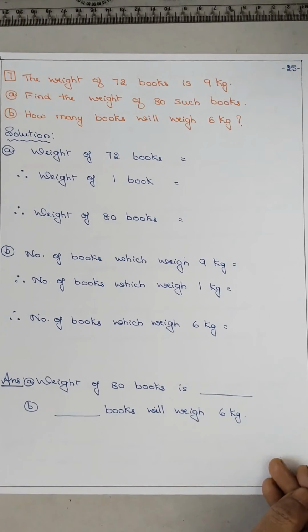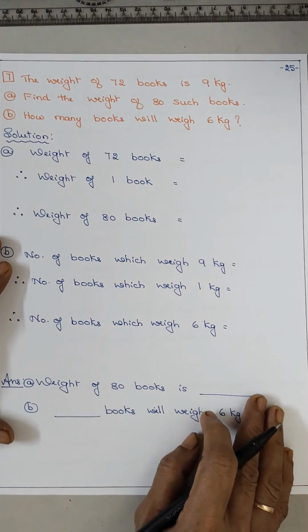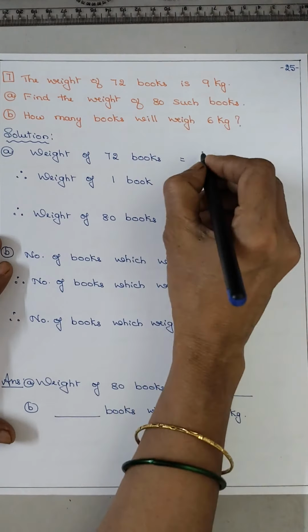Now coming to the 7th sum. The weight of 72 books is 9 kg. Find the weight of 80 such books. Weight ही पूछे हैं. So weight of 72 books कितना दिया है, 9 kg.